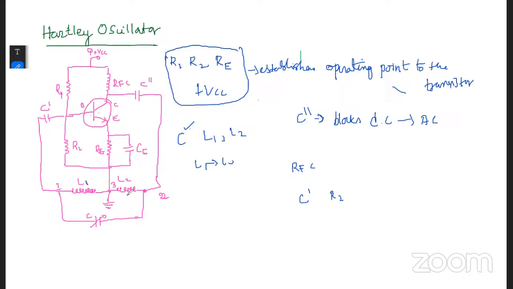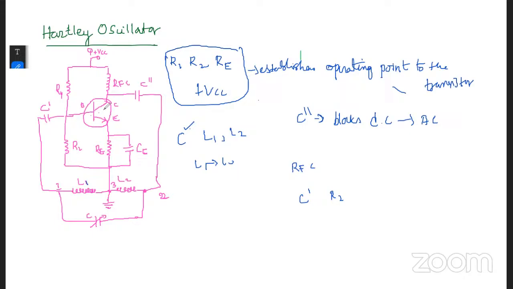The oscillatory current in the tank circuit produces an AC voltage, and it appears in amplified form in the collector circuit. Now this feedback of energy from the output to the input, where the output is the collector-emitter circuit and the input is the base-emitter circuit, is accomplished through auto transformer action.